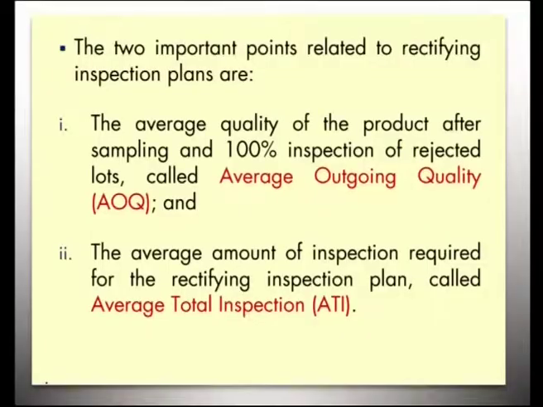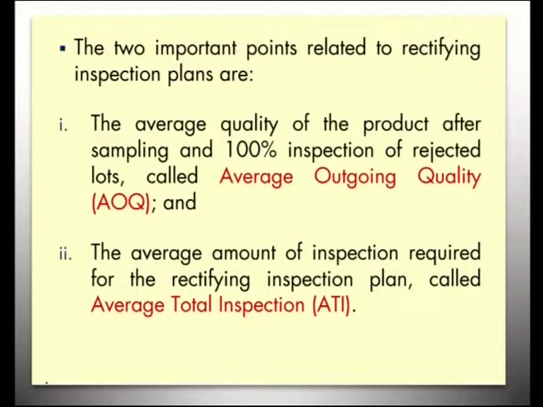The two important points related to rectifying inspection plans are the average quality of the product after sampling and 100% inspection of rejected lots, called average outgoing quality AOQ, and the average amount of inspection required for the rectifying inspection plan, called average total inspection ATI.